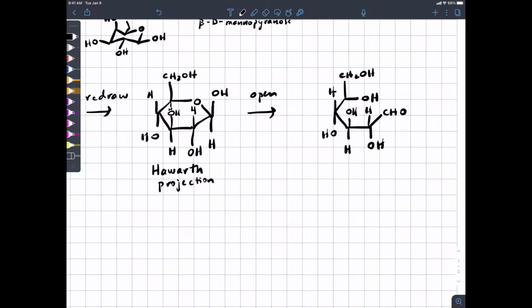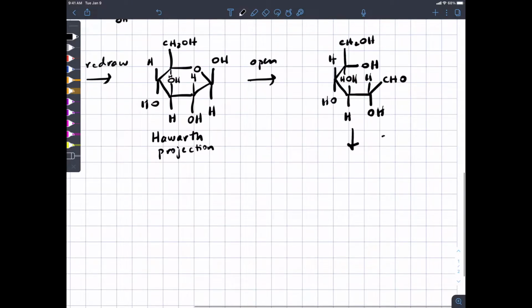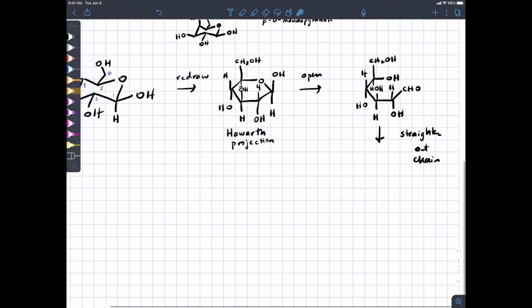I got to make sure I do this right because I've never really bothered to learn how to do it, because I hate it. All right, so then we're going to straighten out the chain, and we're going to keep the aldehyde here, but we're going to pull this OH group out in this direction.